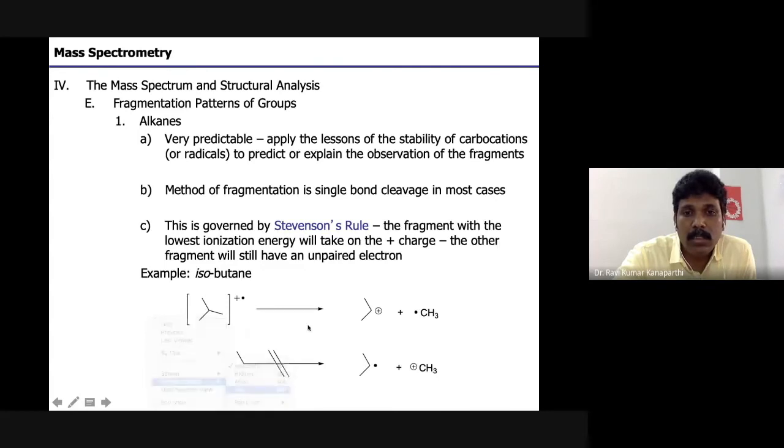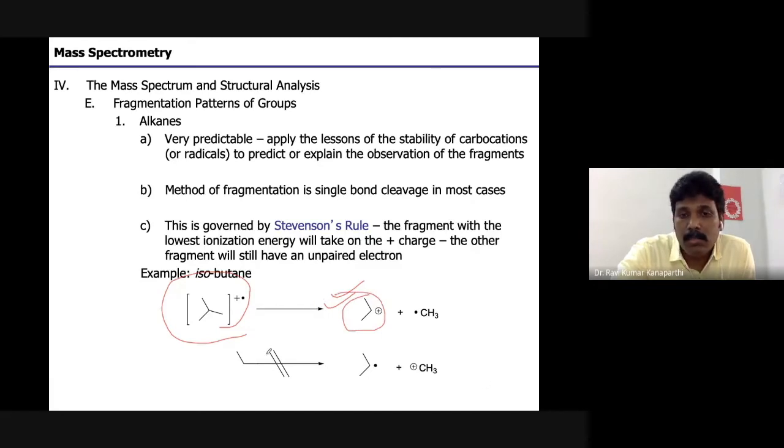Of course, this is another way of representing Stevenson's rule. For this type of molecular ion, this way of cleavage is preferred: the methyl radical leaves, leaving this cation.